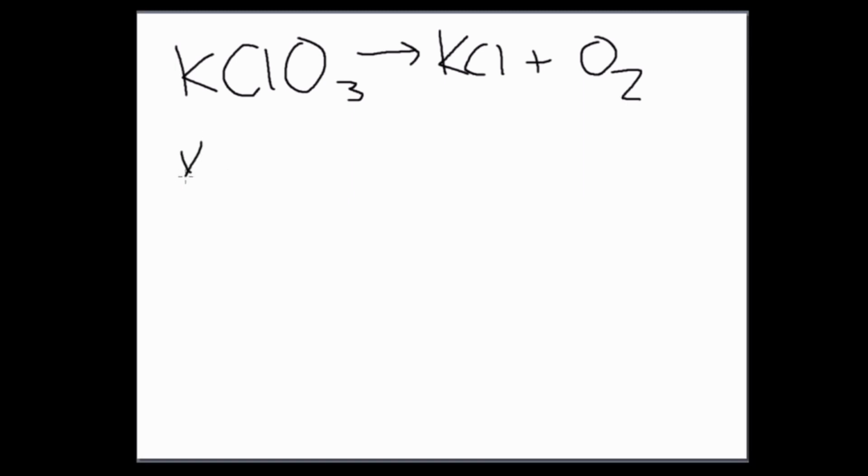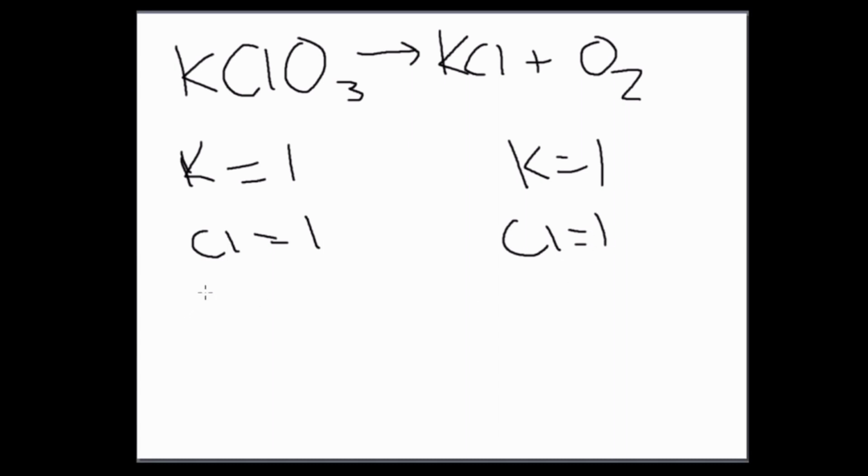So let's go ahead and just write out everything real quick. So there's 1 potassium to 1 potassium, and then 1 chlorine to 1 chlorine, and then here's the discrepancy, 3 oxygen versus 2 oxygen. So here's something you can do.